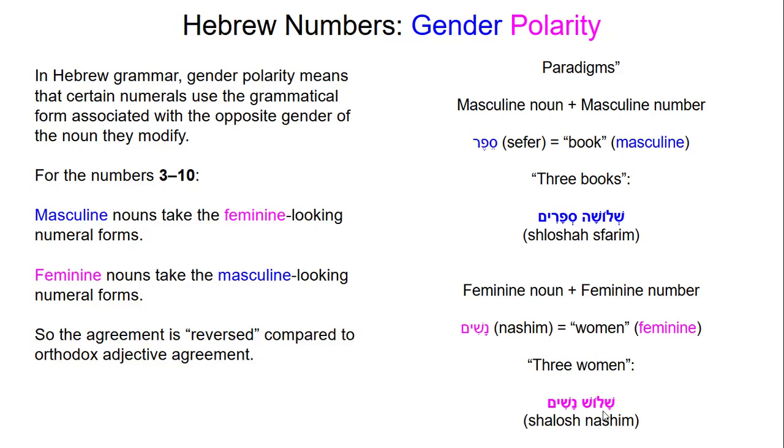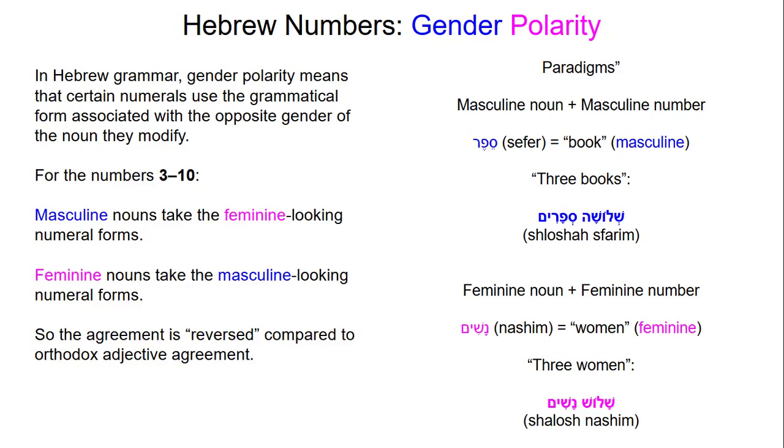Shalosh, aesthetically speaking, looks masculine in relation to Shalosha, because Shalosh does not have a final hey or a tav at the end of the word. So visually it looks masculine, but Shalosh is gendered in the feminine, right? So its gender is feminine. That's why Shalosh will connect with Nashim.